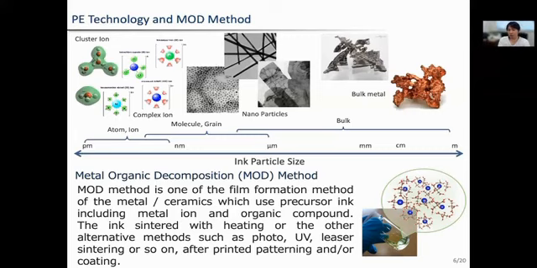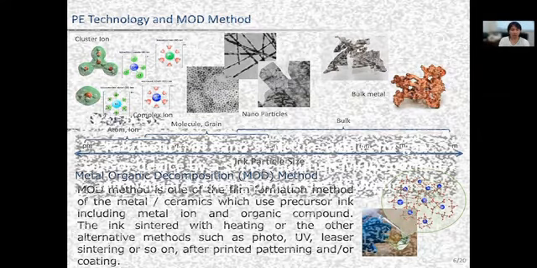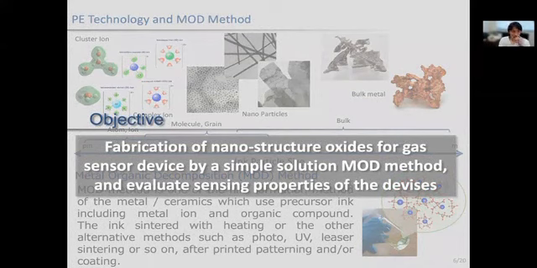In this study, we tried to grow nanostructure shapes directly on the substrate using this MOD method, with heat sintering, for gas sensing devices to use the large specific surface area of nanomaterials for high-speed chemical reaction. The objective of this study is the fabrication of nanostructure oxide for gas sensor devices by a simple solution MOD method and the evaluation of the sensing property of the devices.